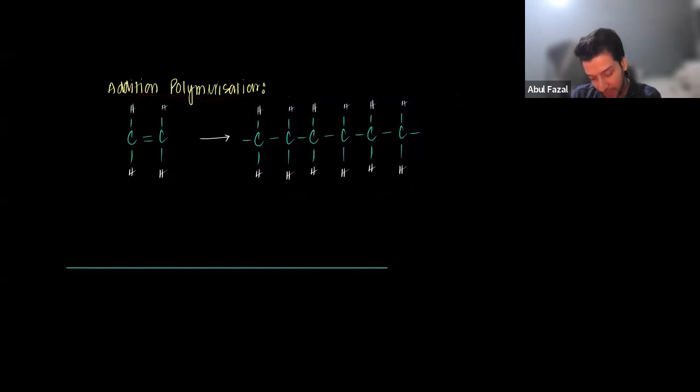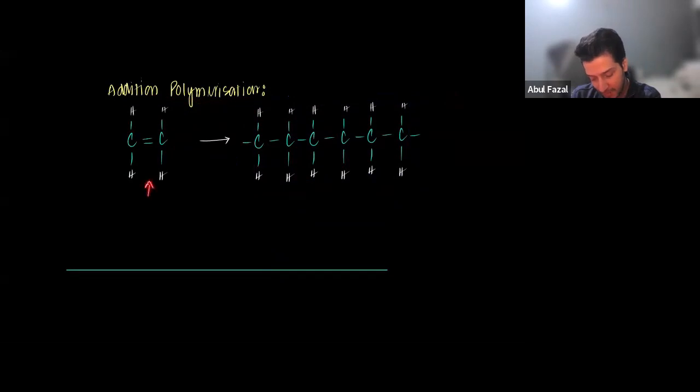Can addition polymerization happen between two different alkenes? Absolutely. Who's stopping them? But generally they won't talk about it because then it really gets complicated. So in our world, it's only one alkene that's generally used.